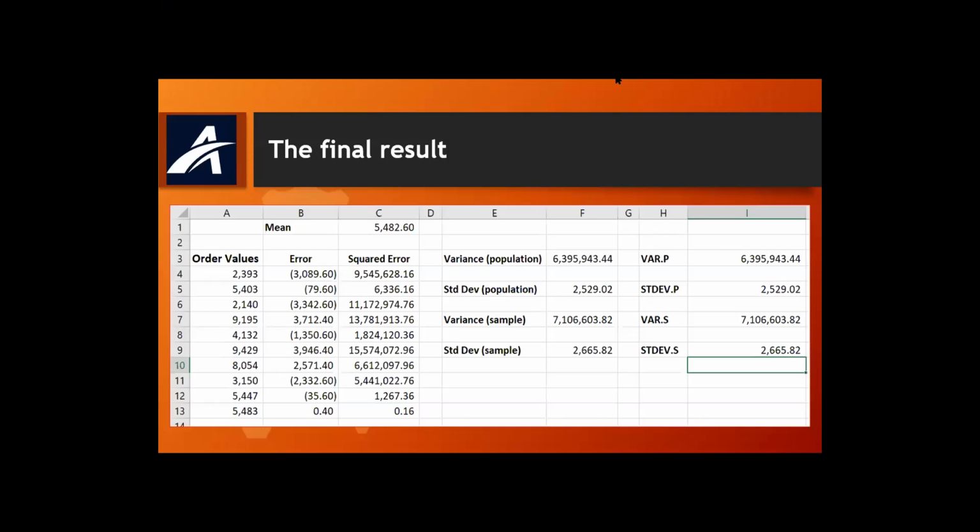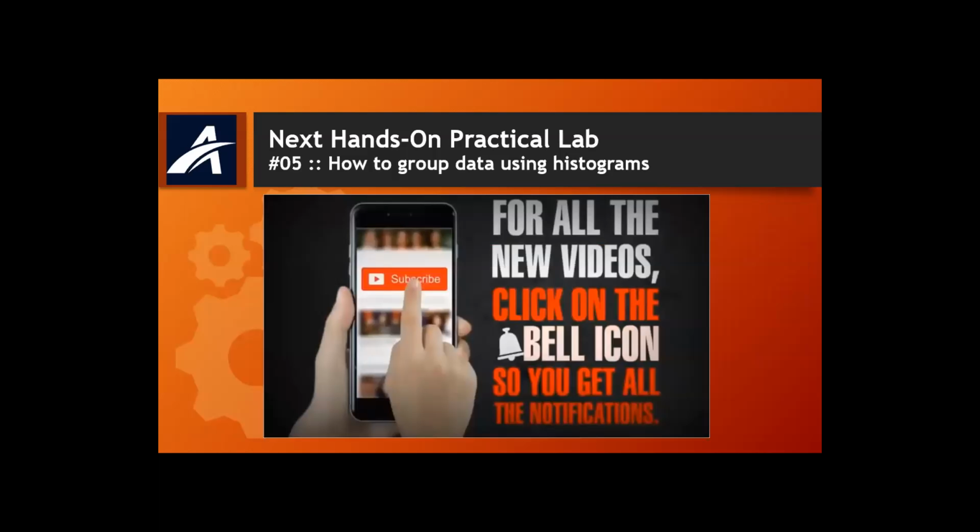So the final result, based on the mathematical functionalities and what you've calculated, is clear: Excel makes it much easier, better and simpler to calculate the variance and standard deviation of any given set of observations. Thank you very much for following through.